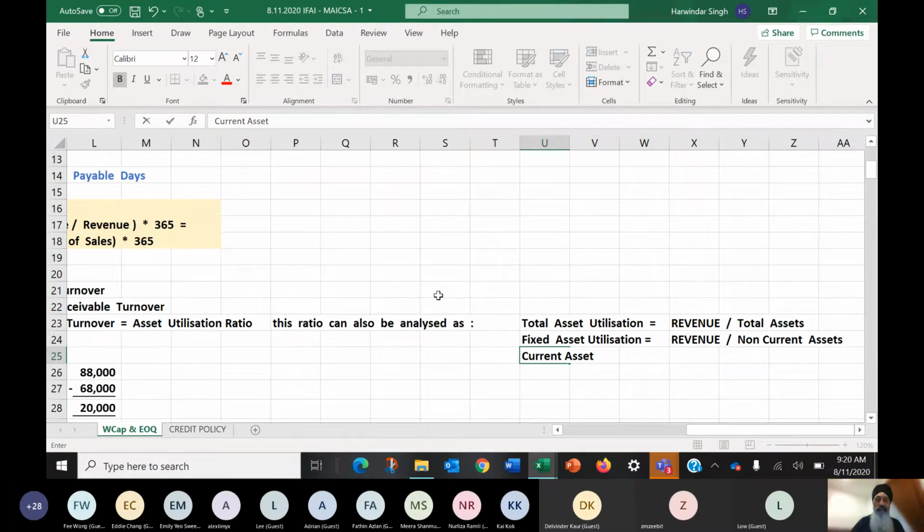Current asset utilization would now be revenue divided by current assets.